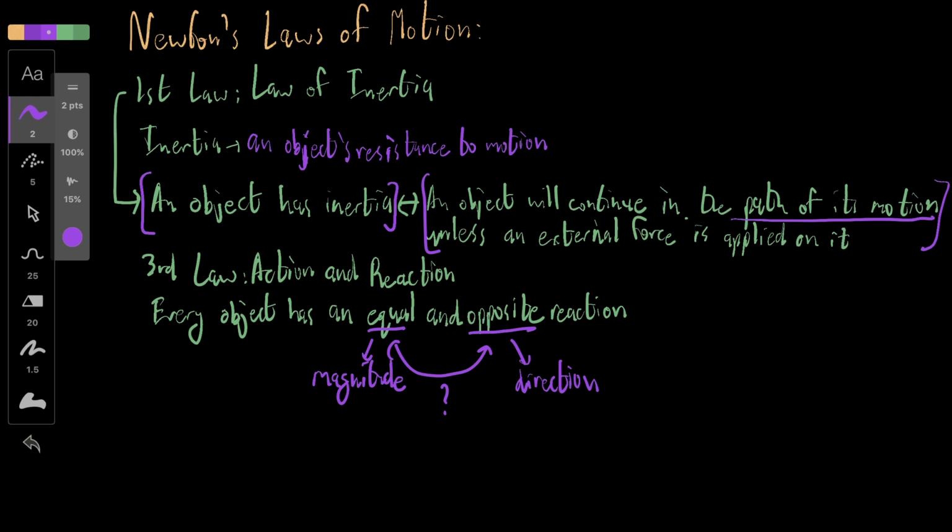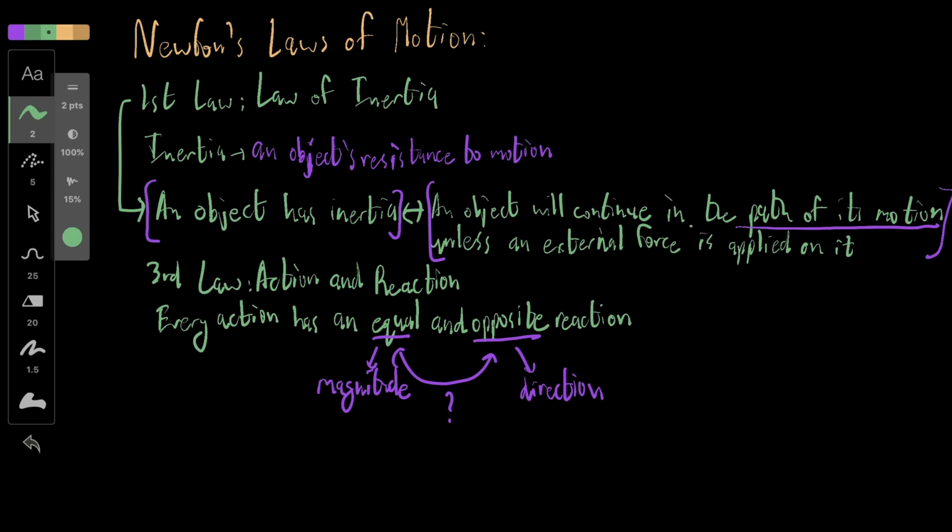This was actually covered earlier in my math review for mechanics, when I was talking about vectors, and in my forces video. A force is a vector, so it has a magnitude and a direction.